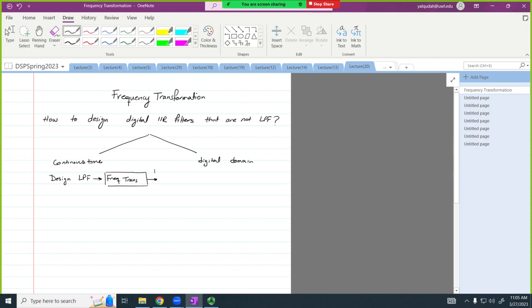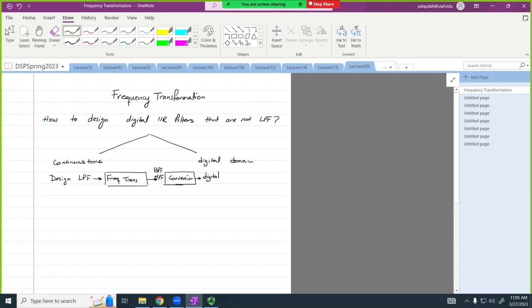Here we can have a bandpass filter or a high-pass filter, but it's still a continuous filter. Then we do the conversion, and this gives us the digital filter that we want.